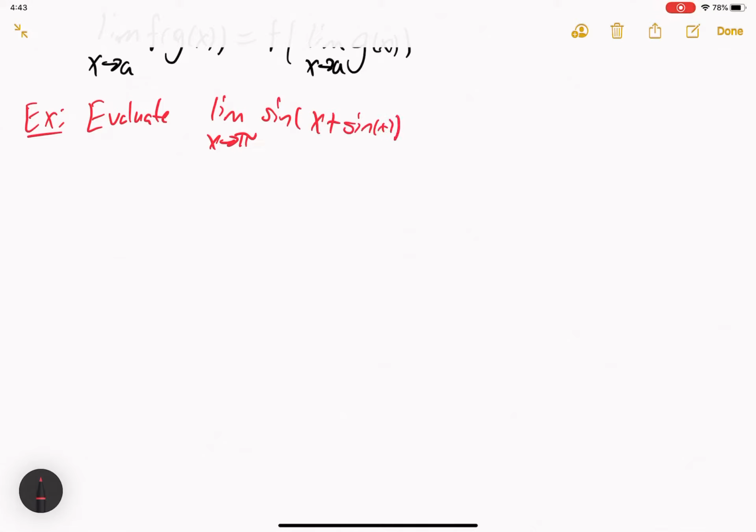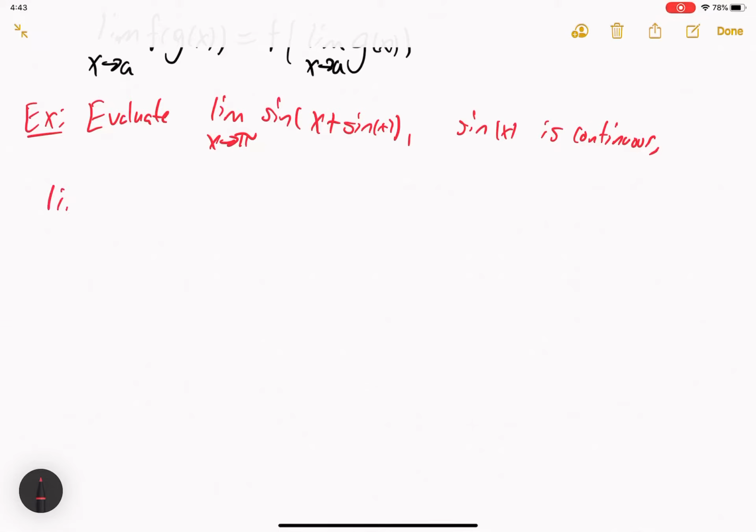Again, this looks pretty gnarly. I don't like it. But what we should note is sine is continuous, and it's going to be continuous for all x. And we also note that x plus sine of x is also continuous, so then we can actually move in the limit. We'll put past the limit on the inside, is what some people say.